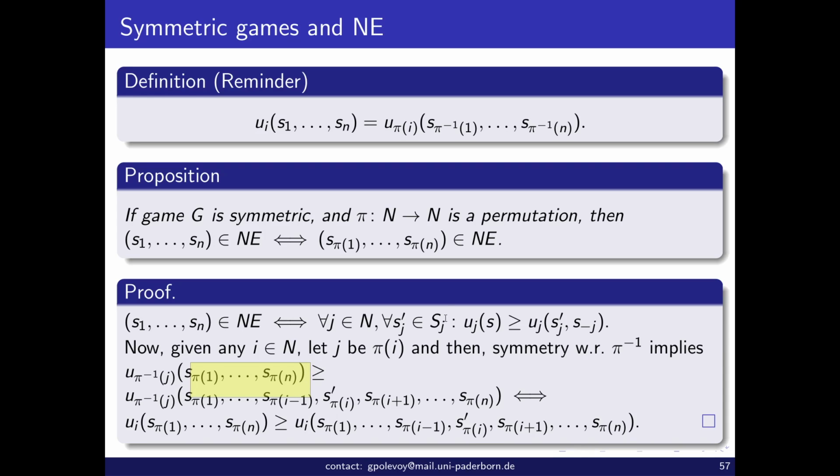So I enact the definition on this inequality, which we know to hold, and therefore I get the u of P-1 j of the profile permuted. Pay attention here, it's permuted by the original P, not by P-1, because I started with the inverse permutation.